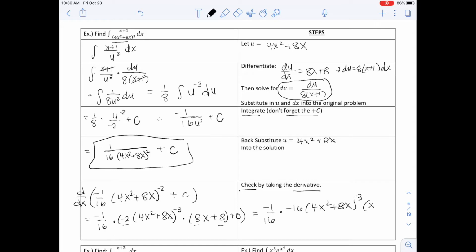And then left over with x plus 1. The 16s would cancel, the negative signs would cancel, and we're left over with x plus 1 over, and I'm going to put this in the denominator, (4x squared plus 8x) to the 3rd power. And if you look back up above, that is what we had in our original function, so check.